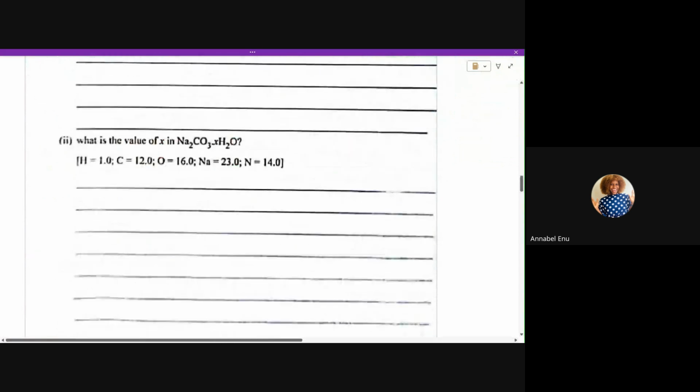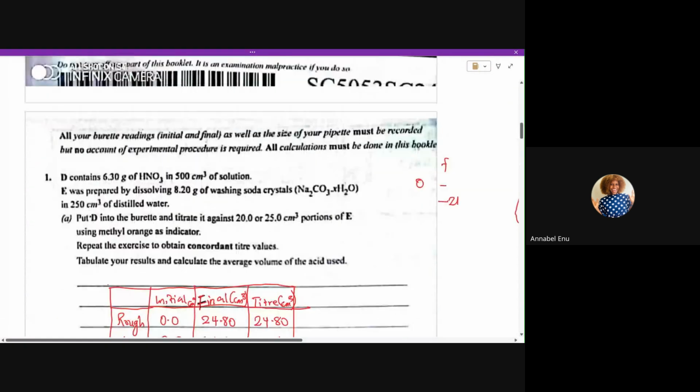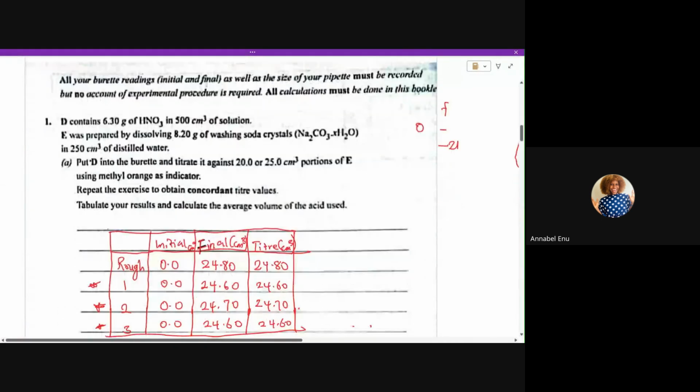Now the next question says, what is the value of x in sample E? Now to get the value of x, we saw in the initial question that for E, we have the mass of the whole hydrated solid. So we have 8.2 gram of it that is being dissolved in 250 centimeters cube of distilled water.